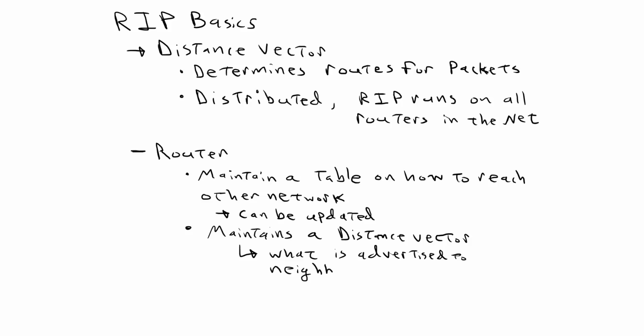And specifically, we advertise only to our neighbors. We don't pass this further on because it can lead to some major problems. So we only advertise this distance vector to our immediate neighbors.